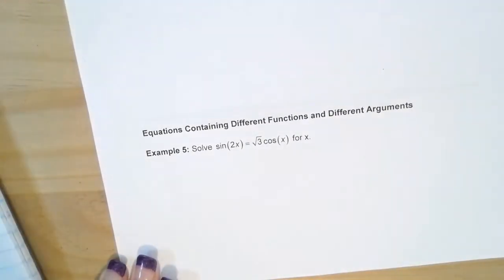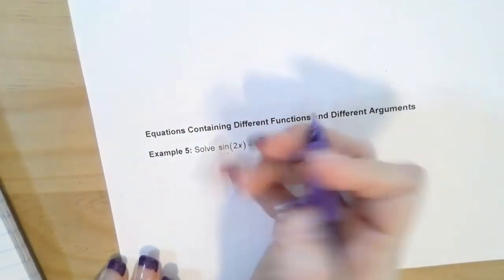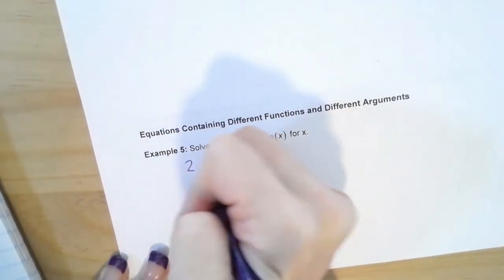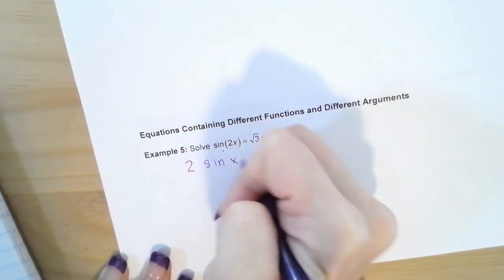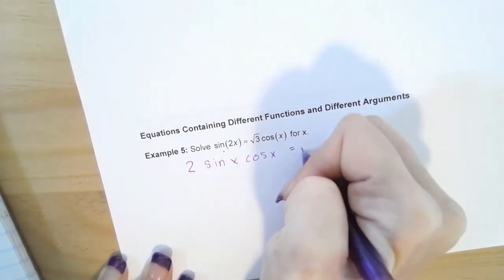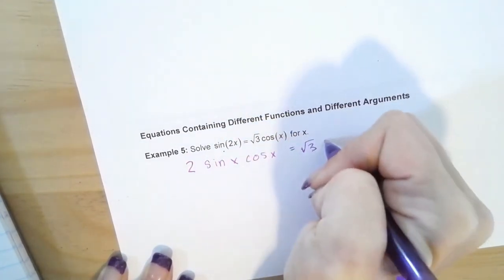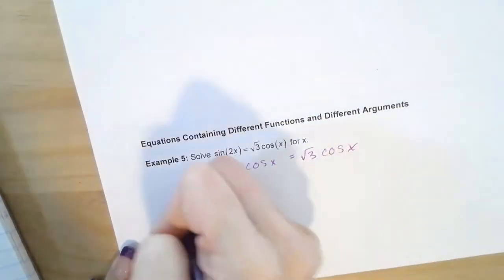So, in example 5, we need to change this double angle. And we're going to change it to 2 sine x cosine x equals the square root of 3 cosine x. Let's move everything to one side.